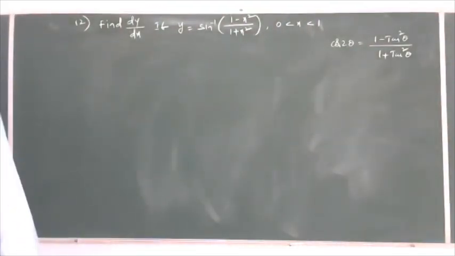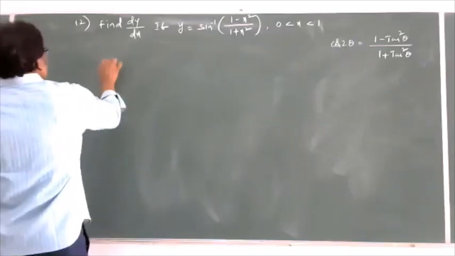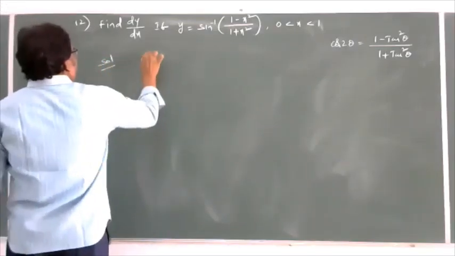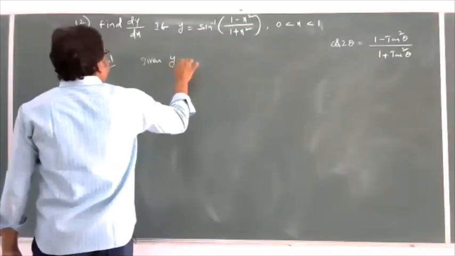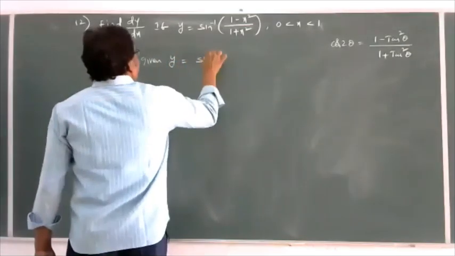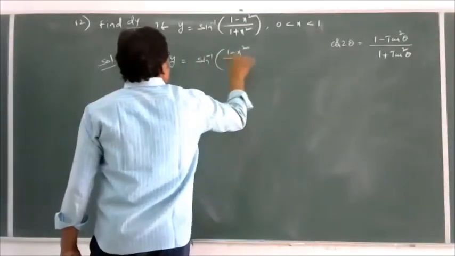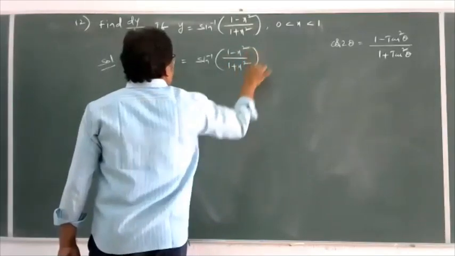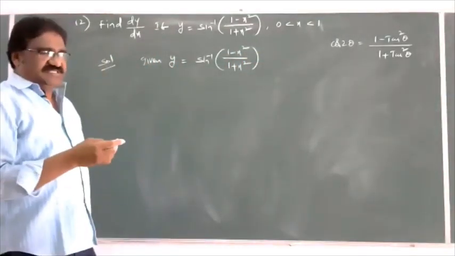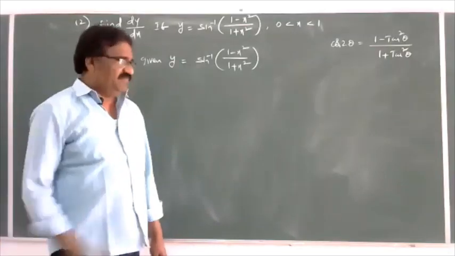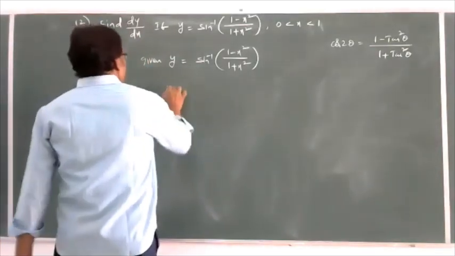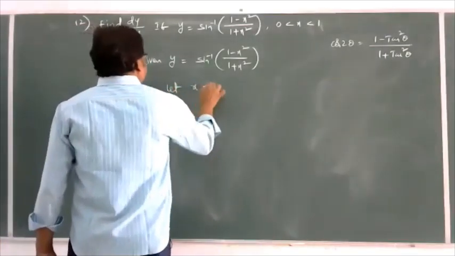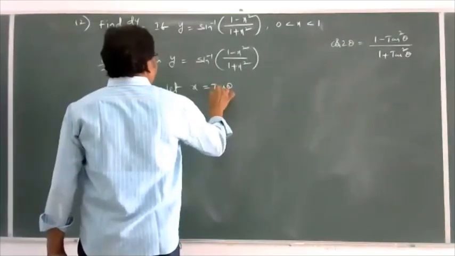That's why, first, y is equal to sine inverse of (1 minus x square) by (1 plus x square). Let x is equal to tan theta here.